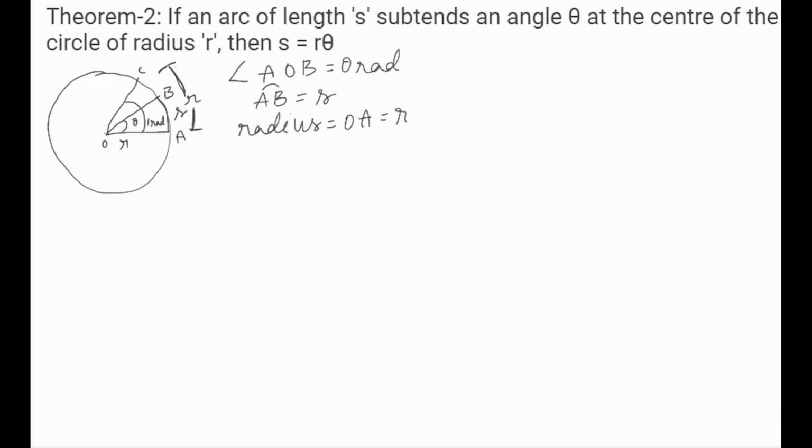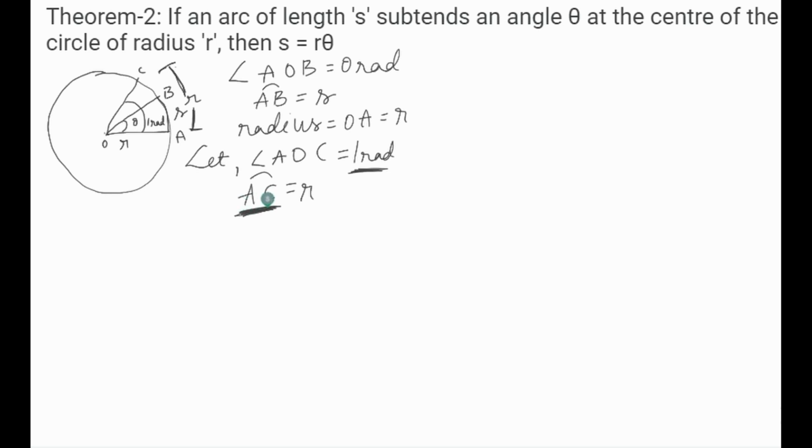Then we drew an angle AOC, which is equal to 1 radian, and the arc AC is equal to r, because it has an angle of 1 radian. Therefore, the arc's length is equal to the radius of the circle r.